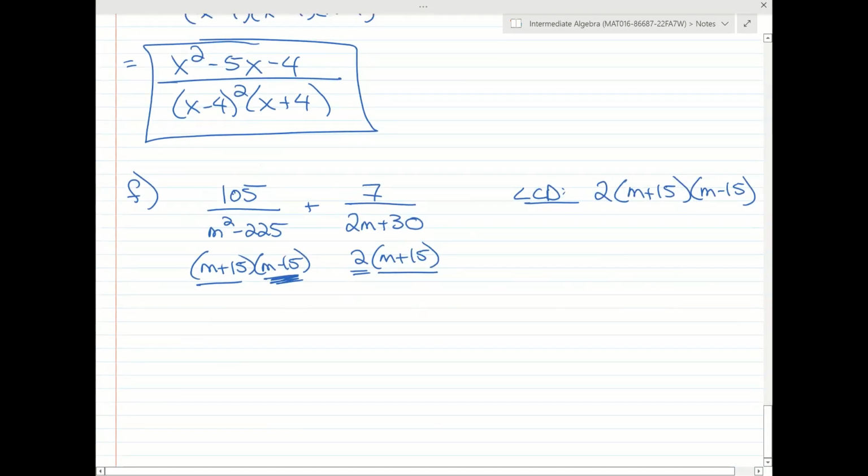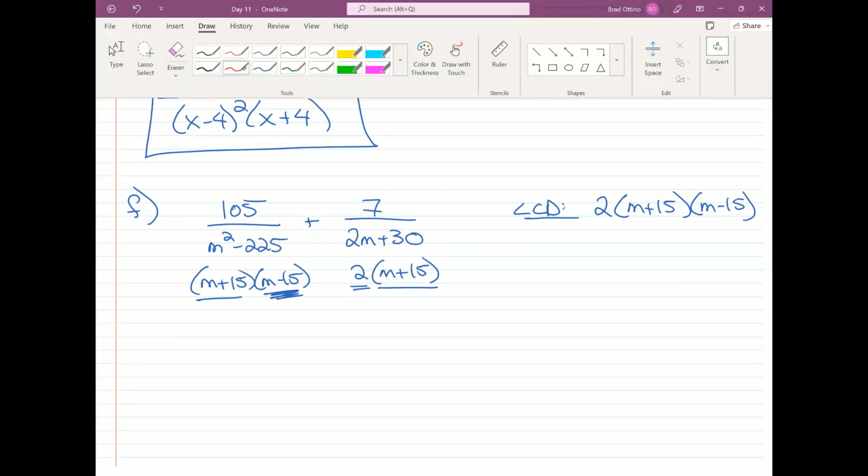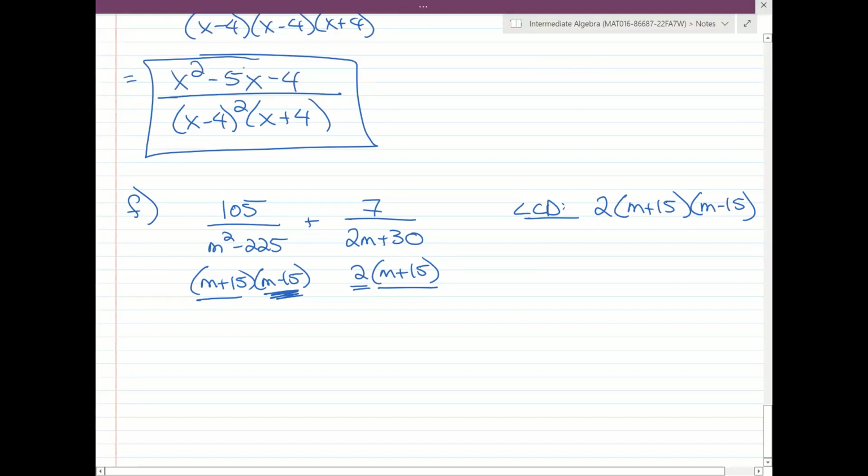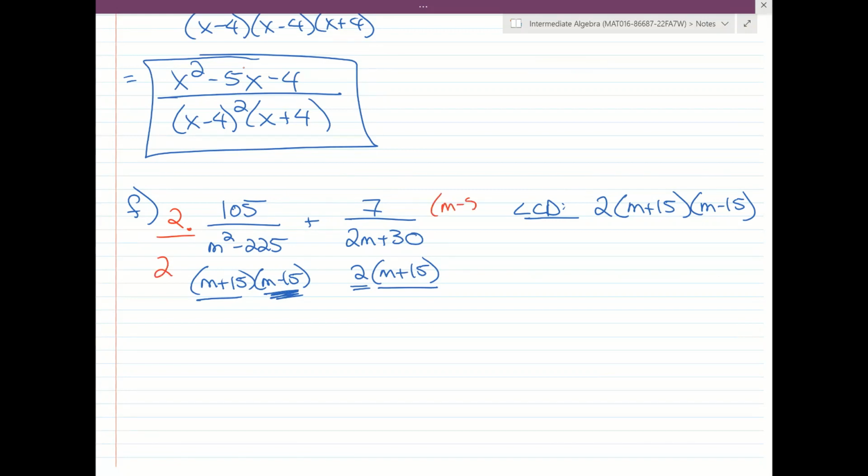But let's go ahead and multiply by what we're missing. We definitely need a 2 over here, so I'll multiply this by 2 over 2. And the second one, we need an m minus 15, so I'll do that on top and bottom.